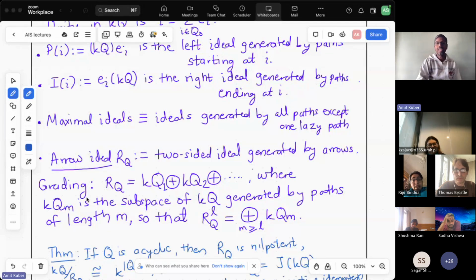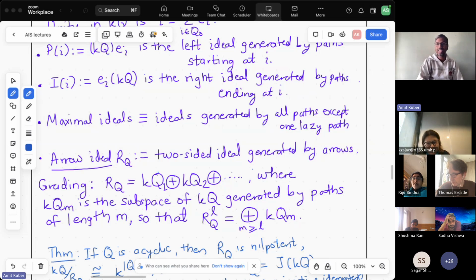So the grading is such that RQ is KQ1 direct sum KQ2 plus dot dot dot. If it's finite dimensional, it will be only a finite direct sum. I'm not saying this as an ideal, just as a vector space, I'm decomposing it. KQM is the subspace generated by paths of length M.